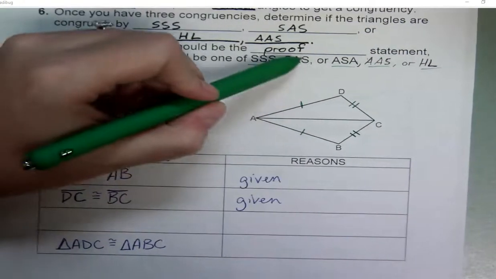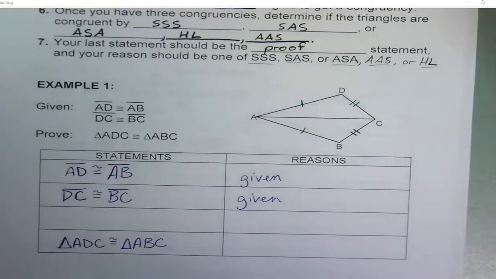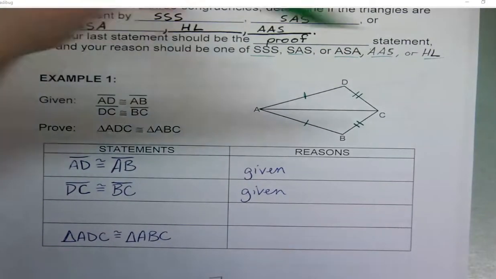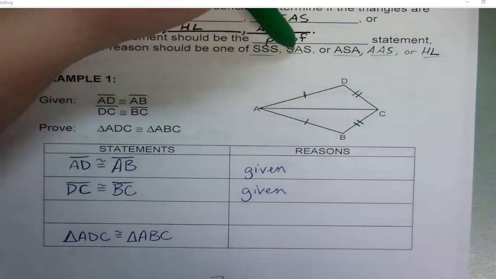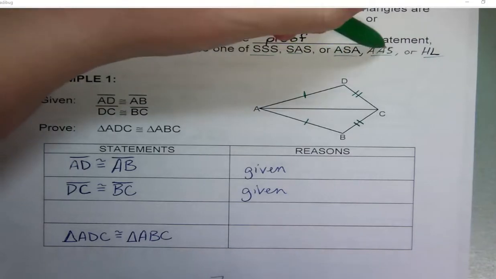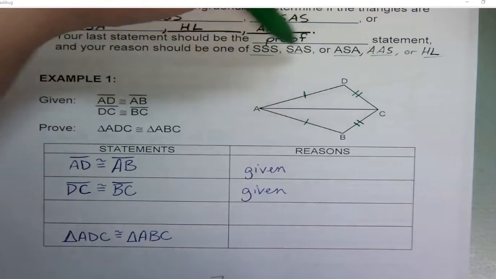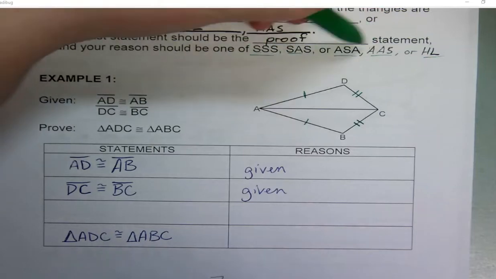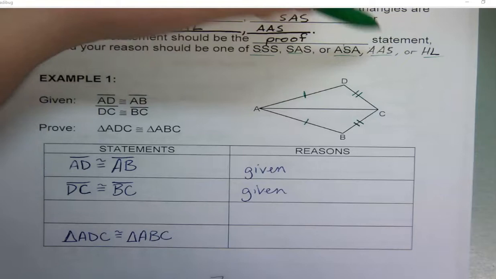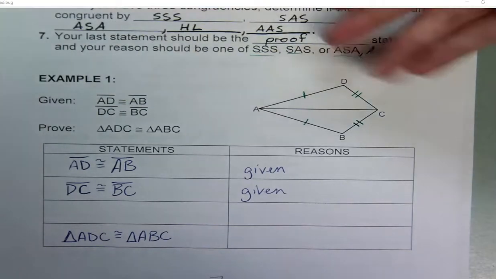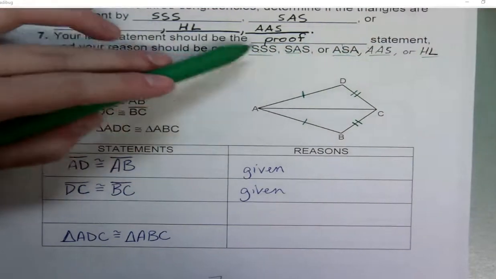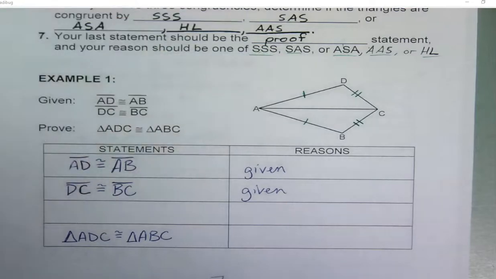And then we've got to figure out, is there a way that we know any of these angles are congruent? Well, first of all, we already know that we have 2 sides, so it is definitely not going to be angle side or hypotenuse leg. It has to be one of these 2 right here, because we have 2 sides that are congruent already, and these 2 are the only ones that follow that.